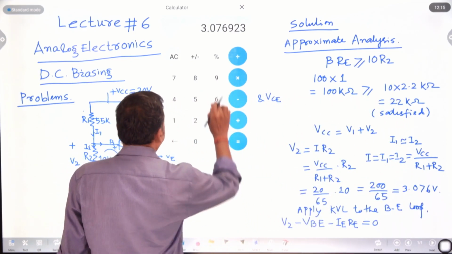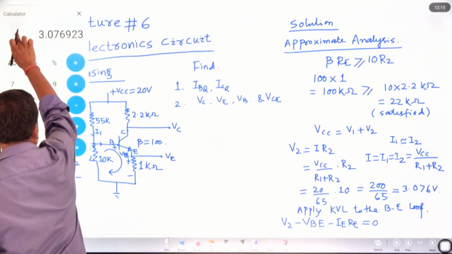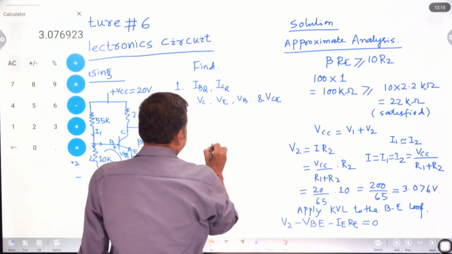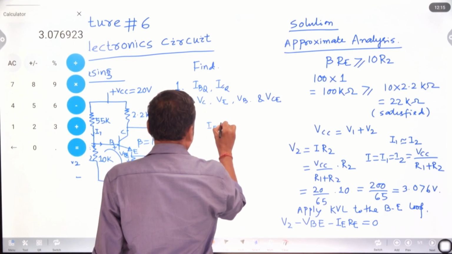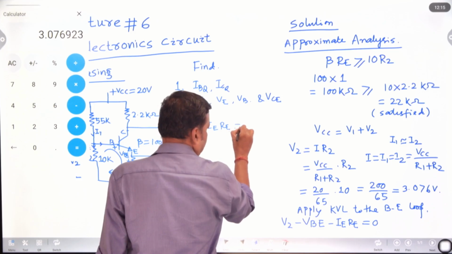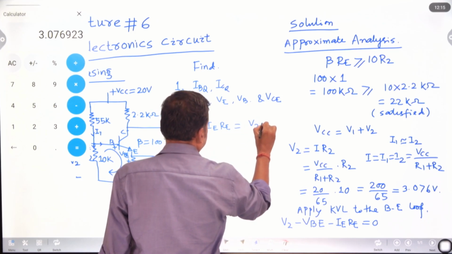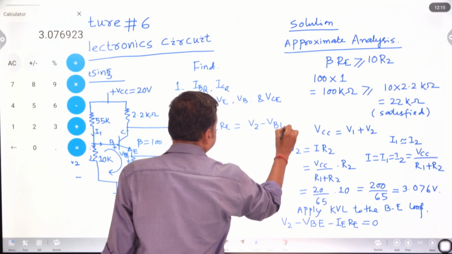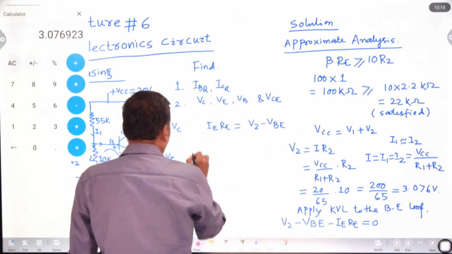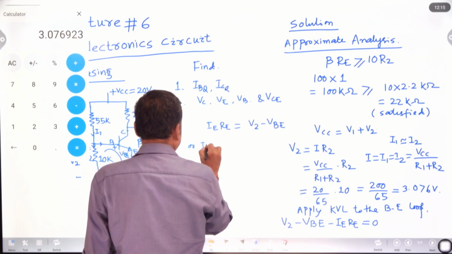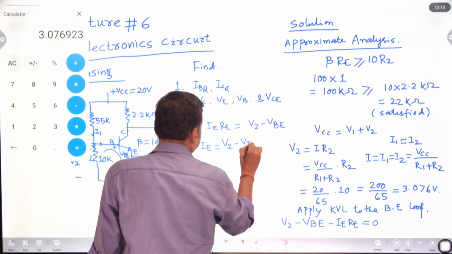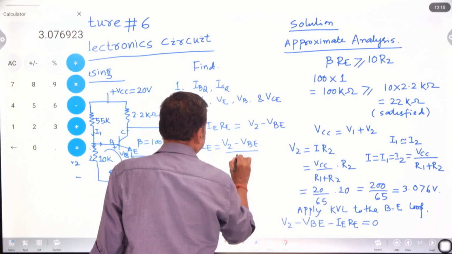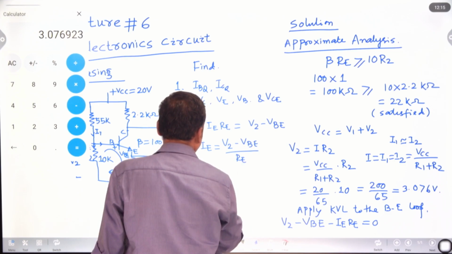From this expression, IERE equal to V2 minus VBE, or IE equal to V2 minus VBE divided by RE.